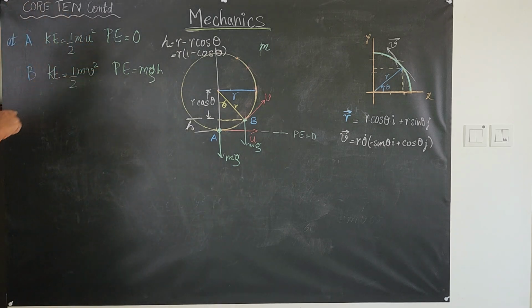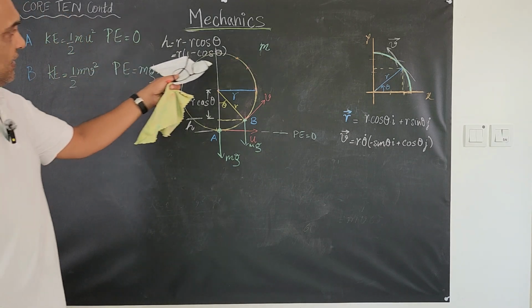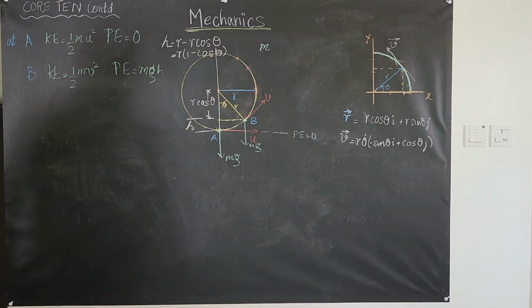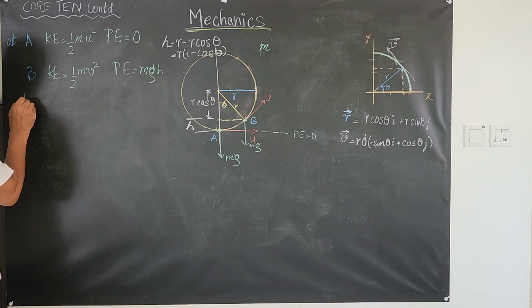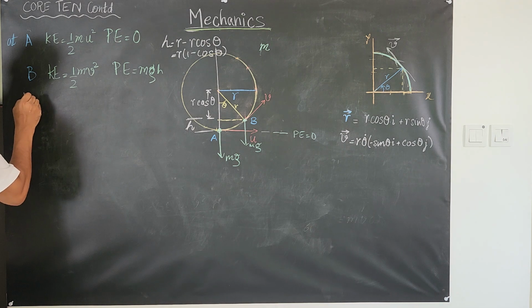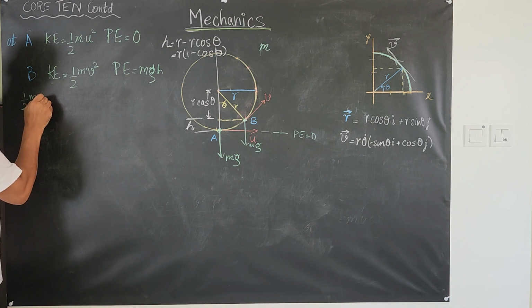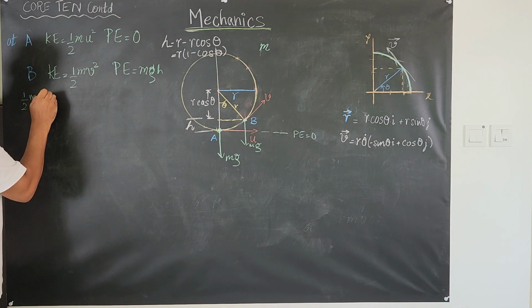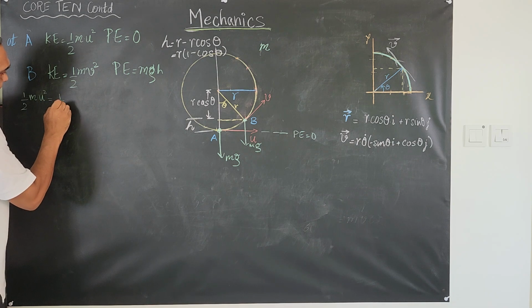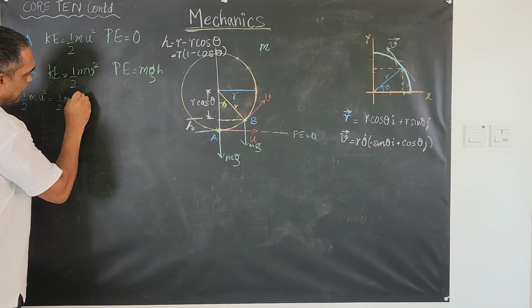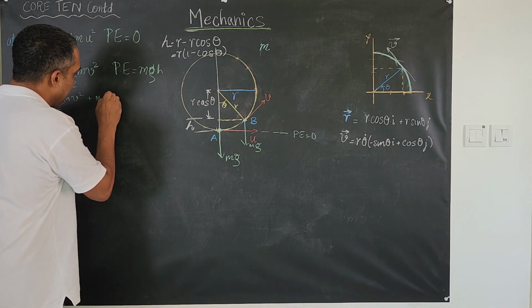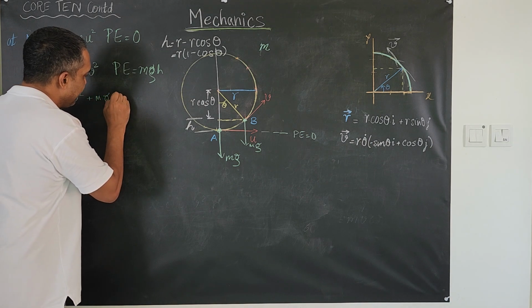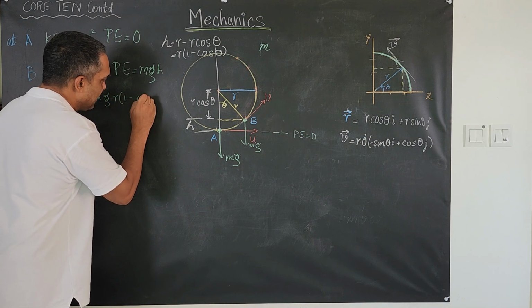Now I can bring these equations together and write them in terms of familiar data, and I can actually write this as 1/2 mass times initial velocity squared is equal to 1/2 mass times final velocity squared plus m times g times r times 1 minus cosine theta.